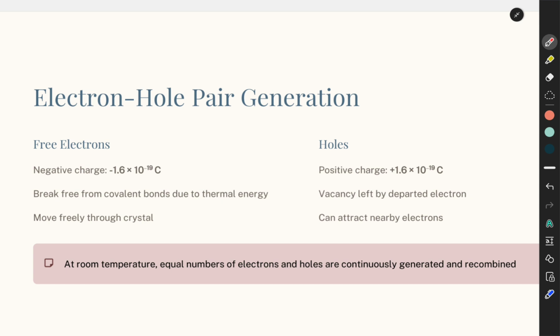The electron will break from the bond and act as a free electron. It will move around. So at room temperature you will find many such free electrons in the silicon structure.